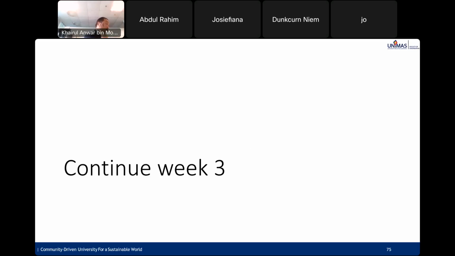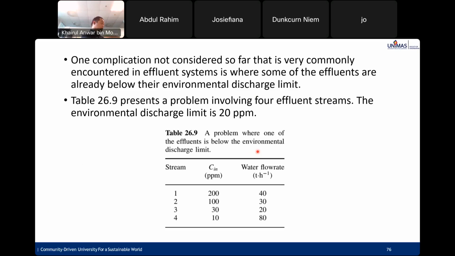So continue with, so last week was about targeting minimum wastewater treatment for a single contaminant. We stopped at example 26.3.